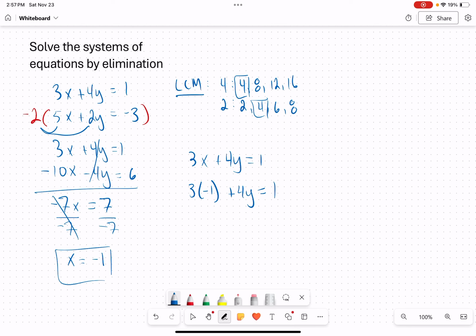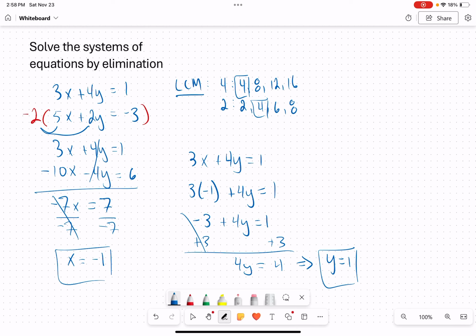After multiplying 3 and -1, we get -3 plus 4y is equal to 1. Now I need to isolate my y, so I'm going to have to add a 3 here. That becomes 4y is equal to 4, and then divide by 4, and we're going to get y is equal to 1.